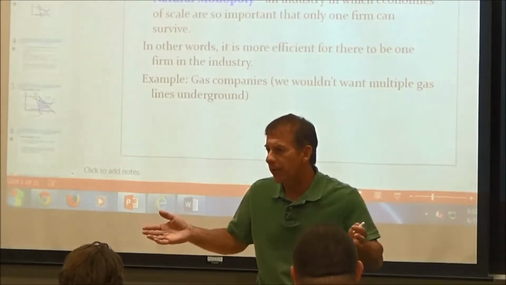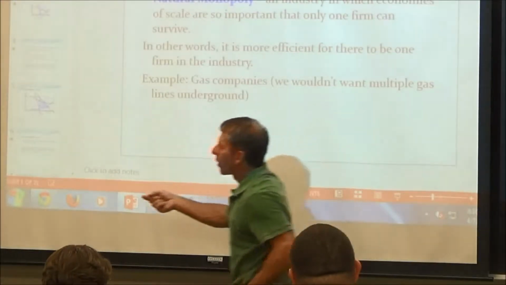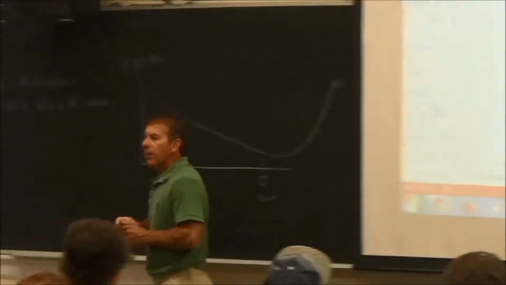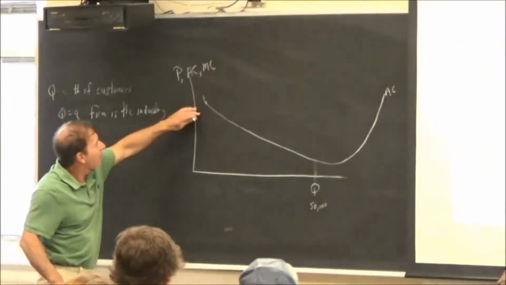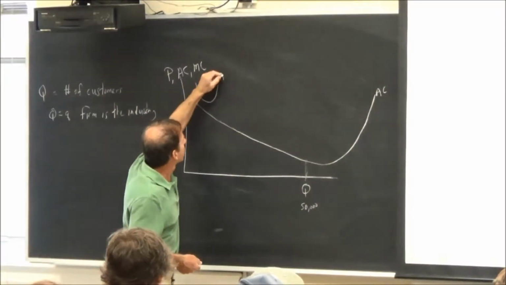And that sounds great, right? So the average consumer likes that because they'd be better off if there's one big company. If there were a bunch of little companies, then their average cost curves might look something like this, right? Where this would be an average cost curve.